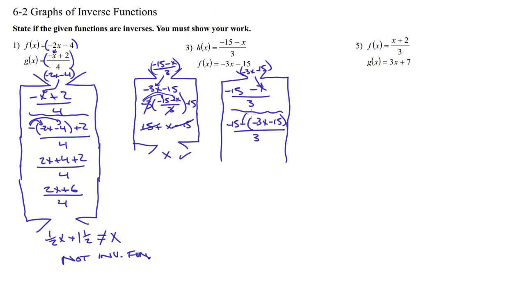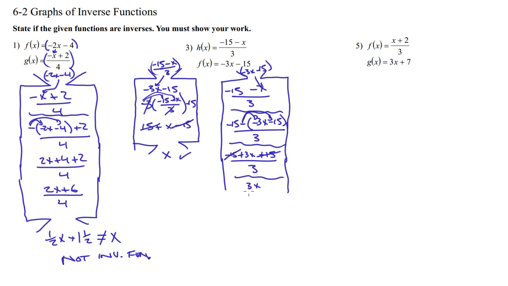Okay, so let's distribute this negative through to both parts here. So that leaves us with negative 15 here. Negative times negative 3x is plus 3x. Negative times negative 15 is plus 15 all over 3. Okay? The negative 15 and the positive 15 cancel out.